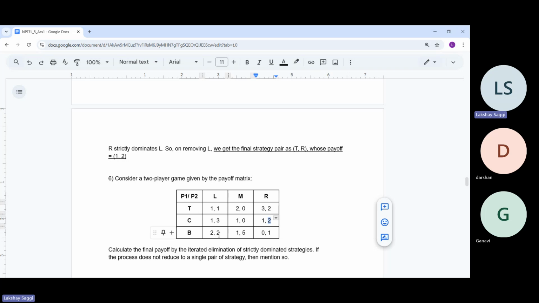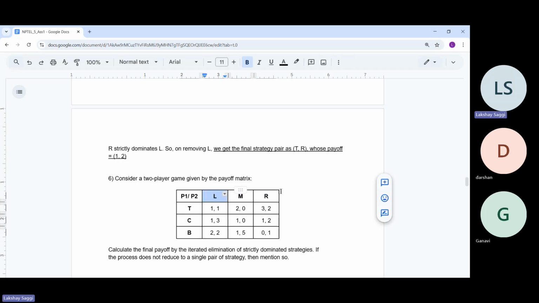But if the row player played B, then M gets a payoff of 5, whereas R only gets a payoff of 1. So M is a better strategy than R. In the first two cases R was better, but in the last case M is better, so we can't conclude that there is any strict dominance between M and R.